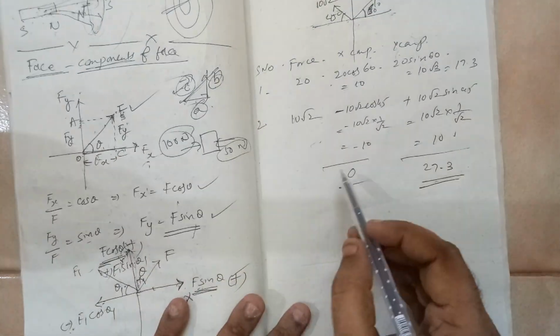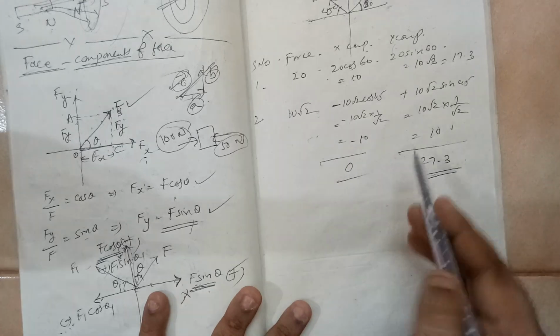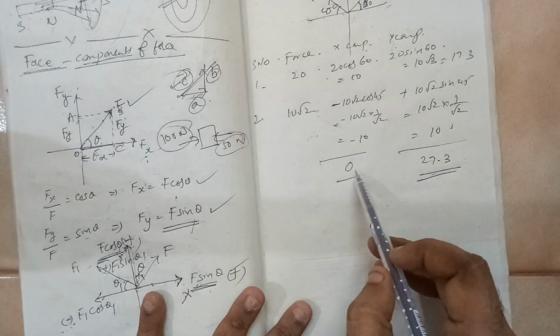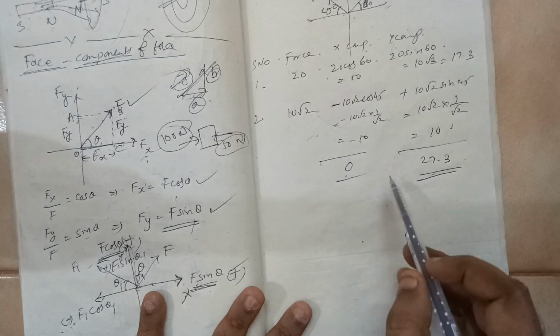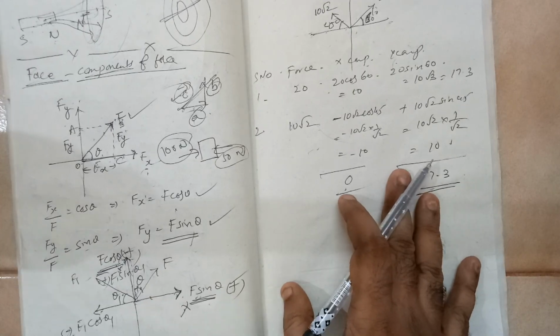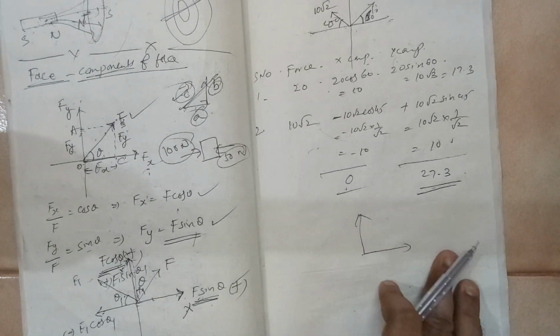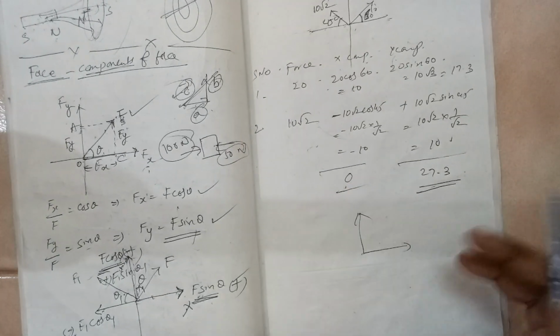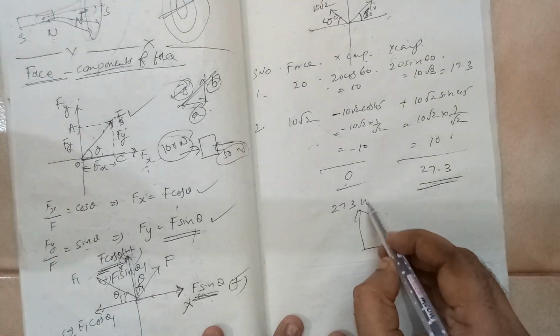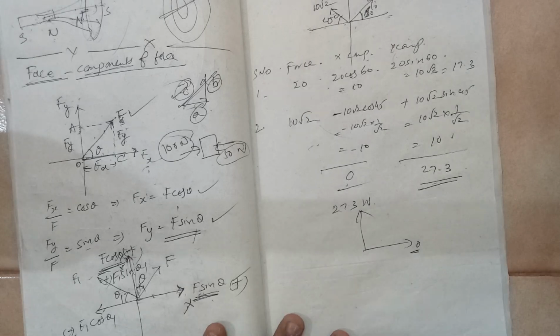So you have basically replaced this whole system with a system like this. There is no x component. You have finalized this system into total x components and y components. It means that in the y direction 27.3 newtons is acting, whereas in the x direction there is no force acting.